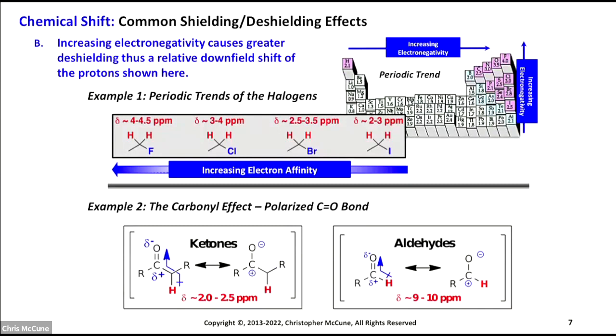Common shielding and deshielding effects include an increase in electronegativity of the adjacent atom. Halogens are a good example. As you move left to right on the periodic table, you're becoming more electronegative, and as you go up a column, you become more electronegative.